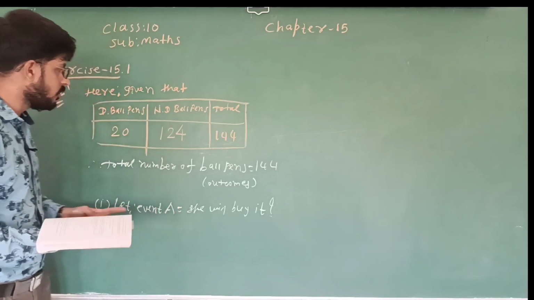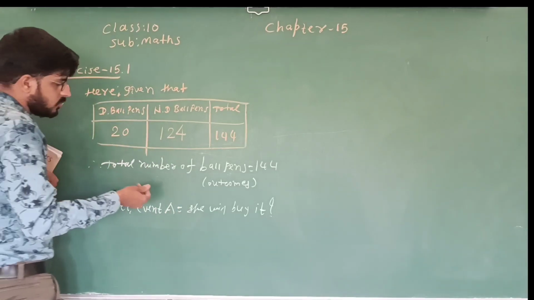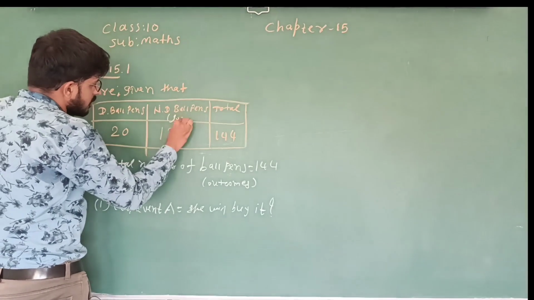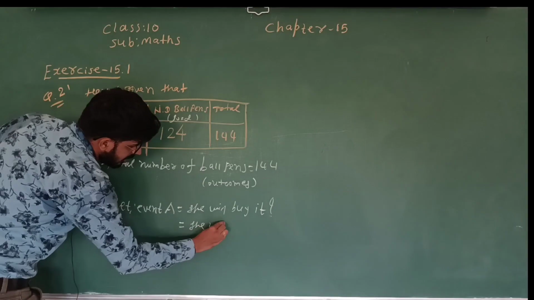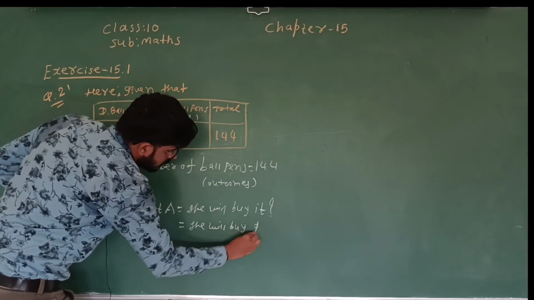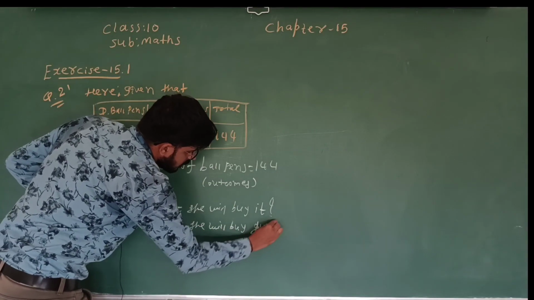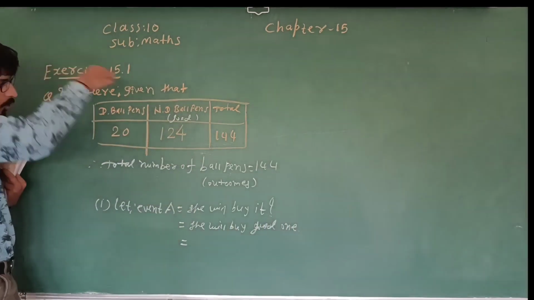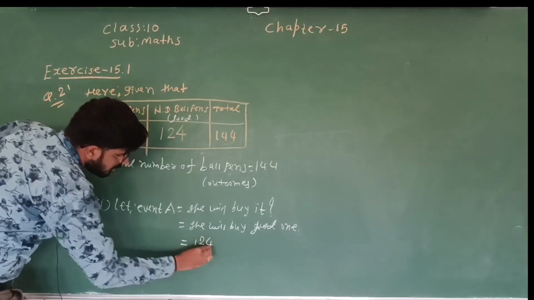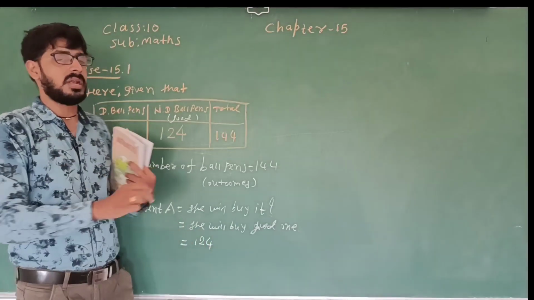It means good pens are bought. Good means non-defective. She will buy the good one. So we know that 124 pens are good. So we get event A is equal to 124.